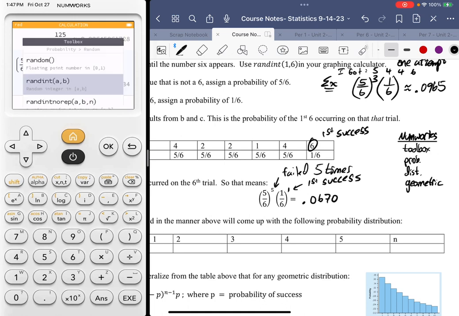So toolbox, I'll go back. Probability, distributions, and if you go down, you see geometric. The one we're looking at is the very first one, Geom PDF.